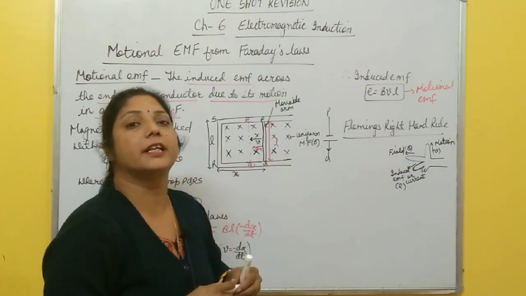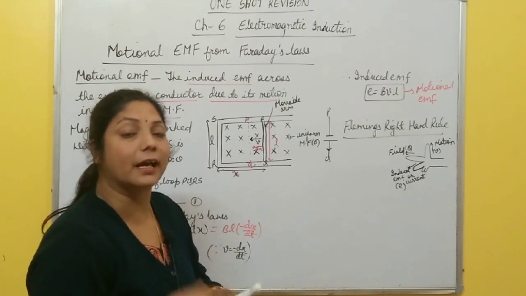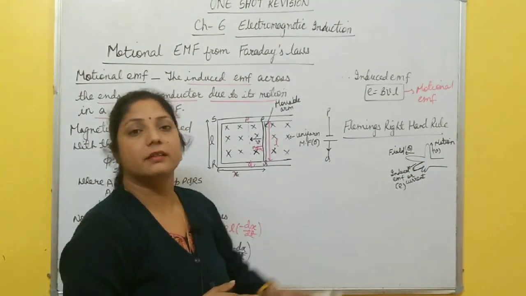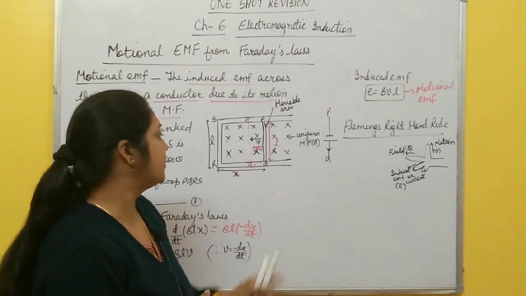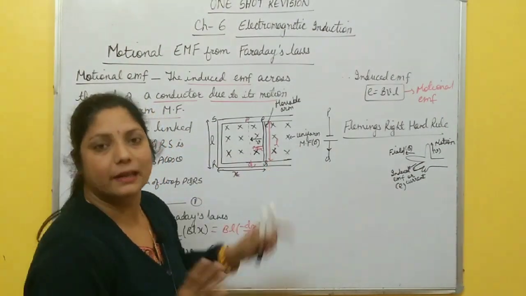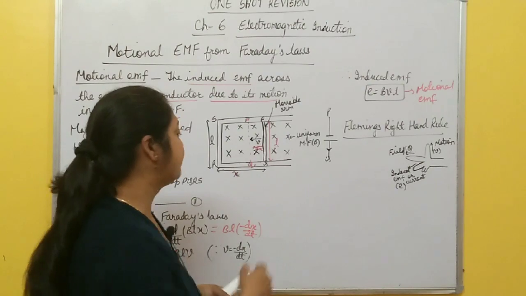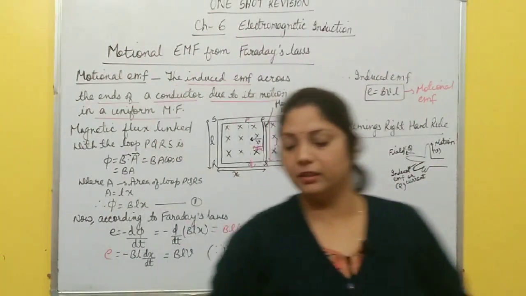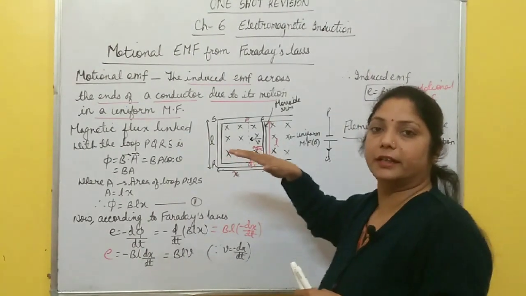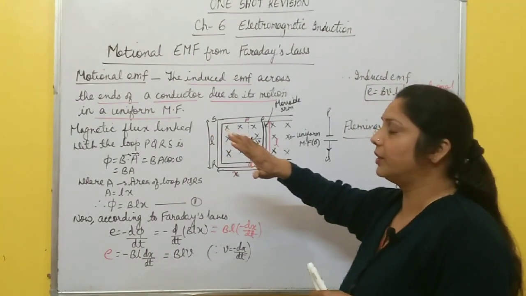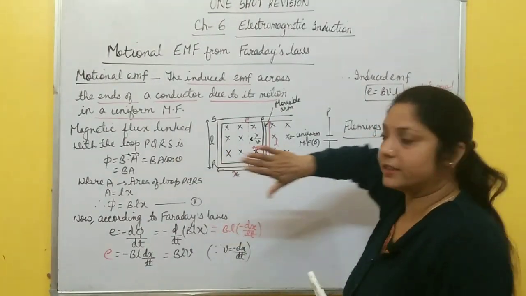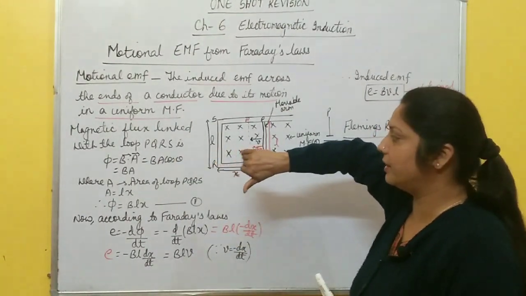Now, what is the direction of that induced current, that induced EMF? It is given by Fleming's right hand rule, and the direction is also given by Lenz's law. Suppose here the motion of the conductor is this side, and the magnetic field is inward.